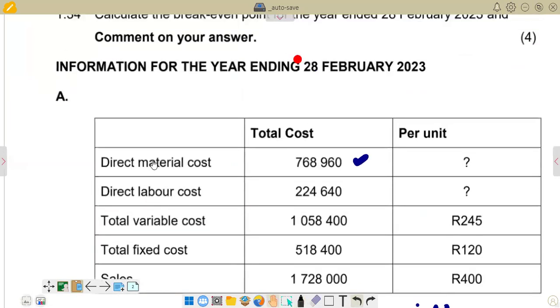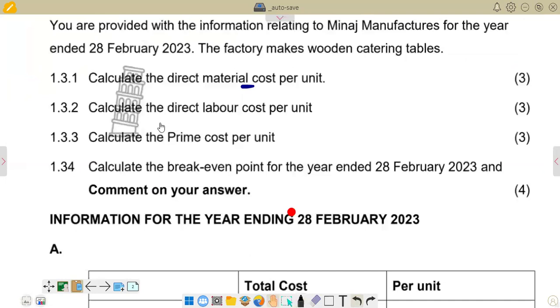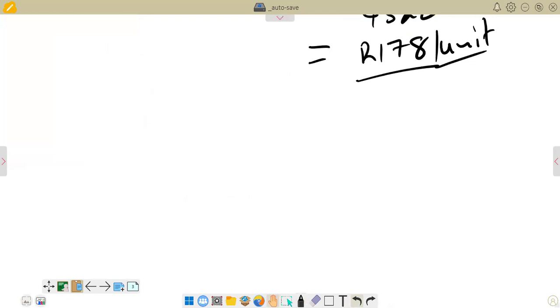So let's check what question we have next. The next question is saying calculate the direct labor cost per unit. Same formula: total direct labor cost divided by the number of units. So we are now on 1.3.2, looking at direct labor cost per unit.